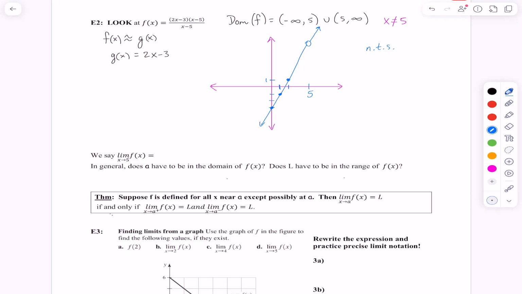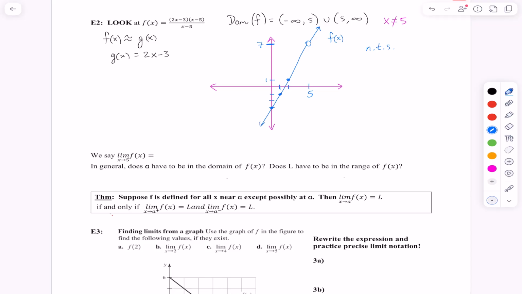What would have been that y value? Well, what's g of 5? It would have been 7. If you're curious, it would have been 7. So that is actually our f of x. It looks like a line with a removable discontinuity.